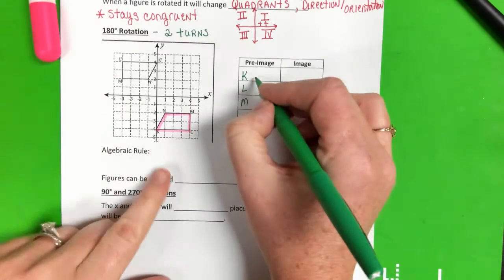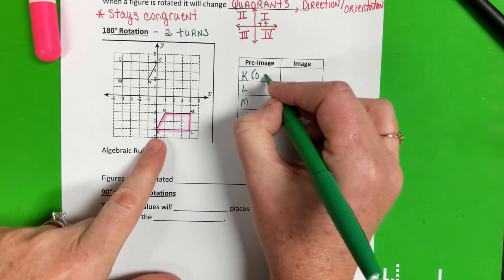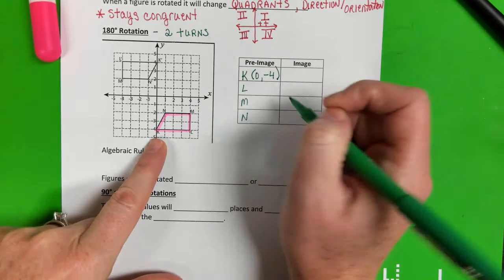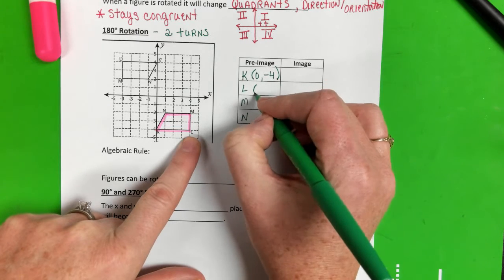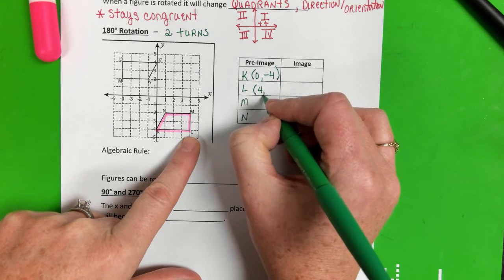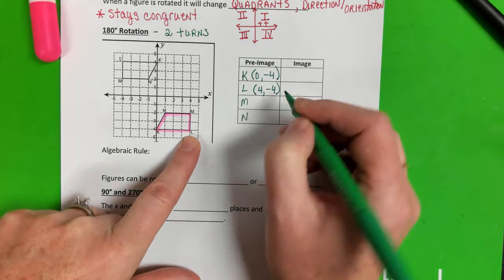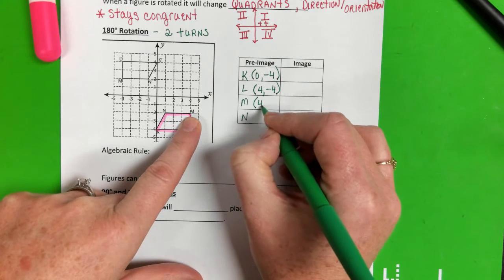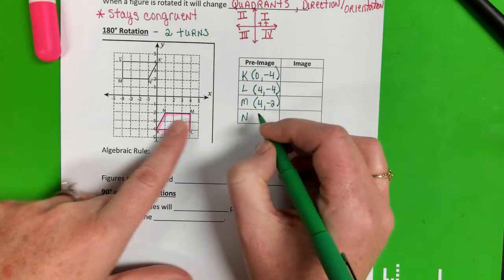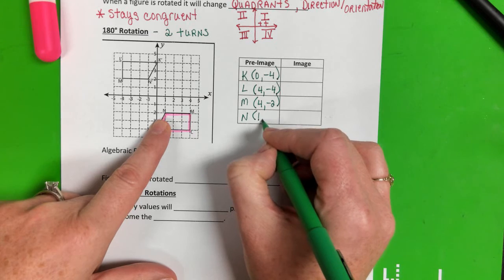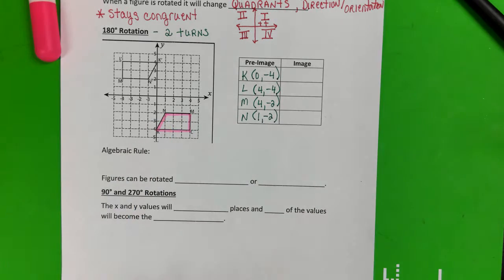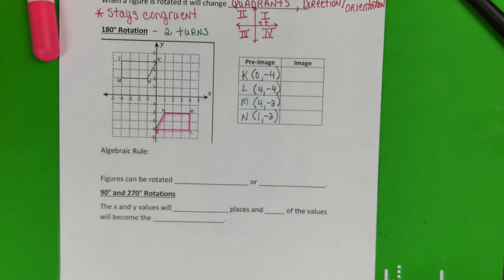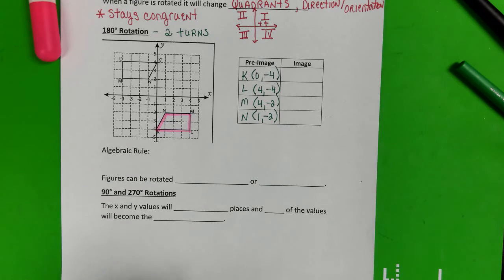Point K would be 0, -4. Point L would be 4, -4. Point M, 4, -2. And point N, 1, -2. Okay, that is our pre-image.